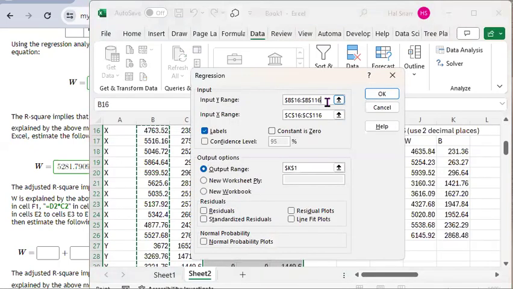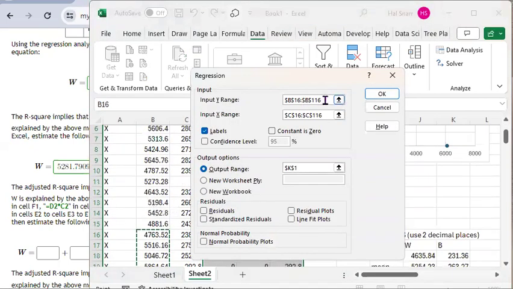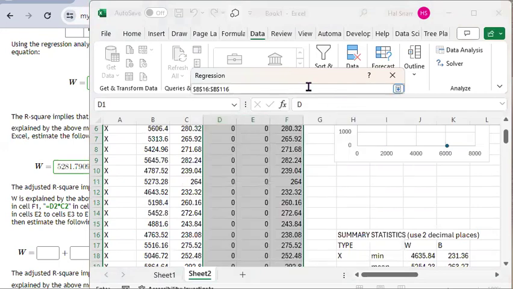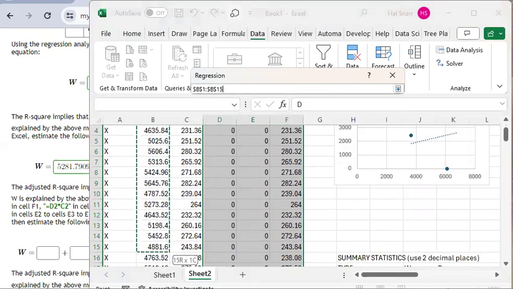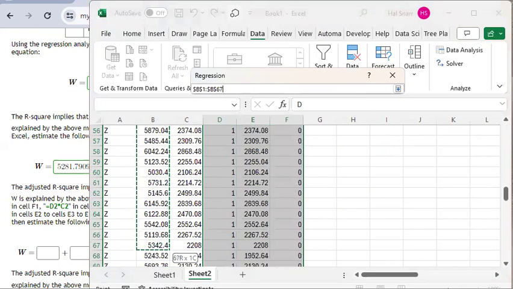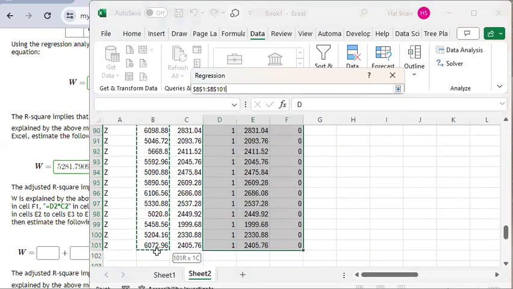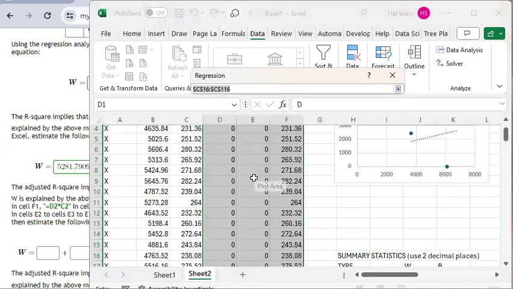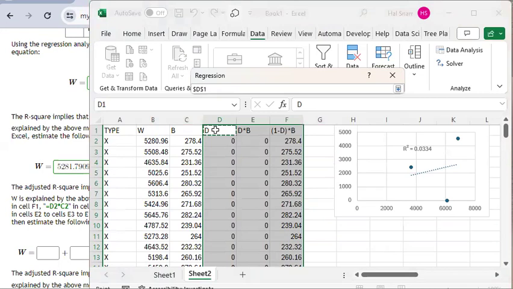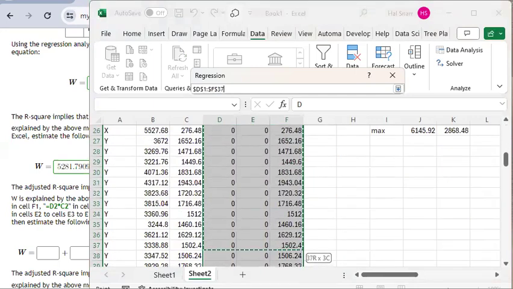Okay, so my Y, well, I got to fix this. My Y, let me delete it, is still the W's. The W values, that's still my Y right there. My X range, my X variables are the dummy variable out to the last three columns here, columns D, E, and F.